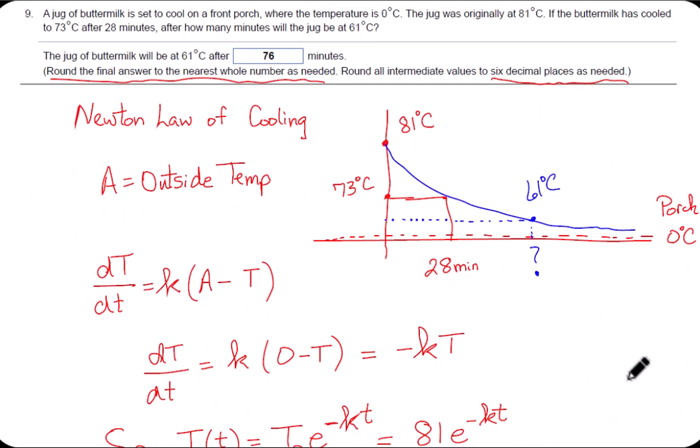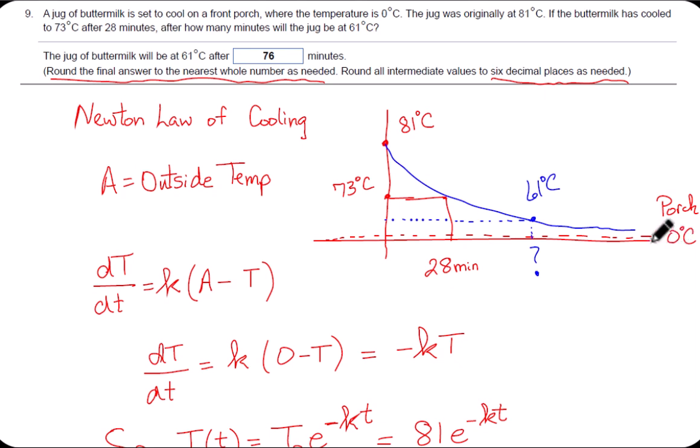In question 9, I've got some buttermilk, and we've set it out to cool on the front porch. The temperature there is 0. The milk was originally at 81 degrees C. So we start off at 81 C, cooling down to the porch at 0.